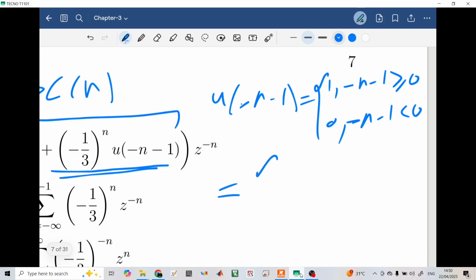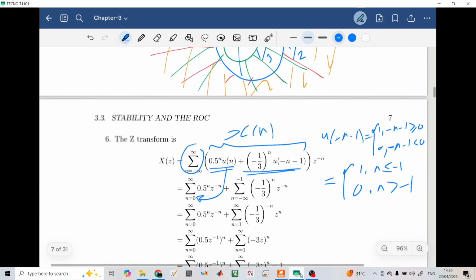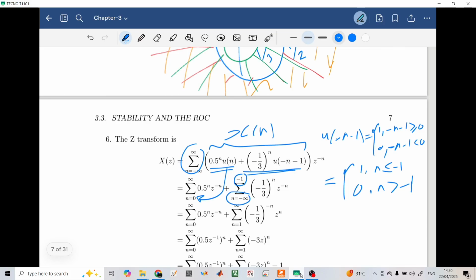This leads to the step function being 1 when n is less than or equal to minus 1, right, and 0 otherwise. Okay, so as we see here, when we reflect the step function on the endpoints of the series, we get that we start from minus infinity and end at minus 1.